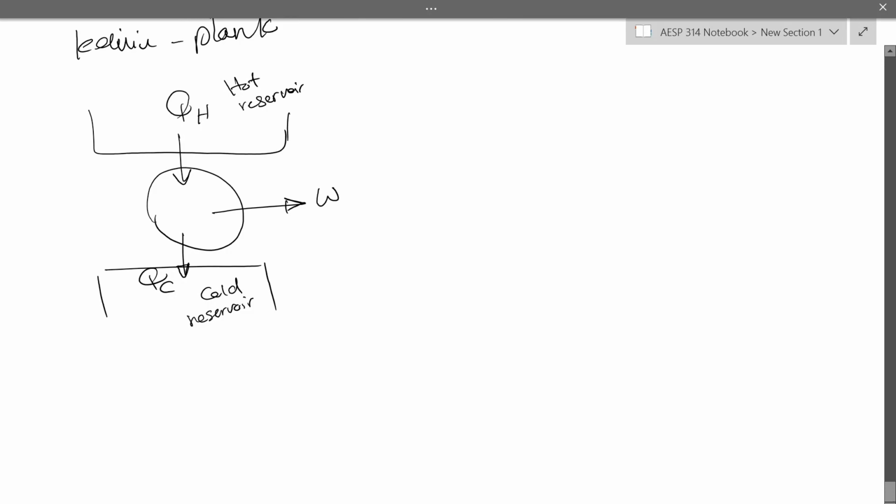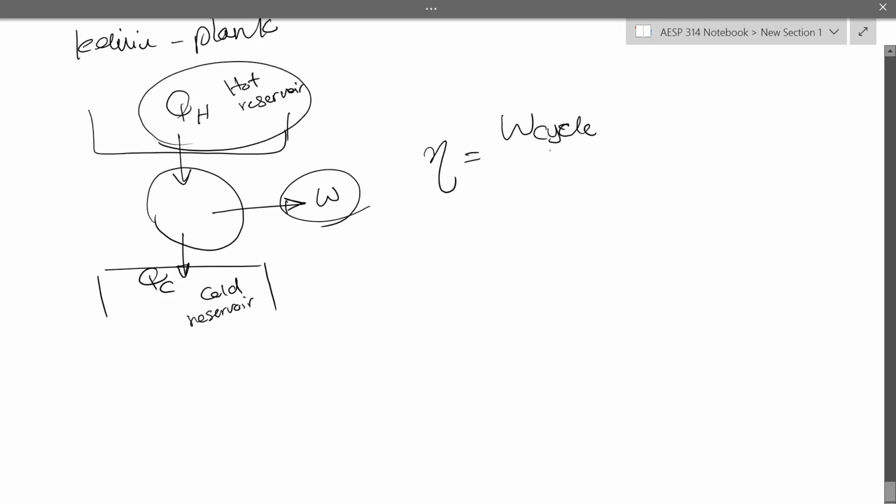Okay, and the efficiency, the idea was we cannot convert all of this QH to W, right? That's the idea. So we define the efficiency of a cycle as the work of the cycle divided by the amount of heat input.